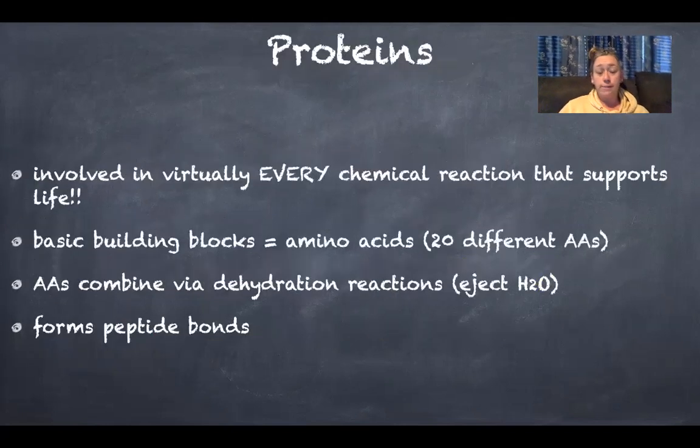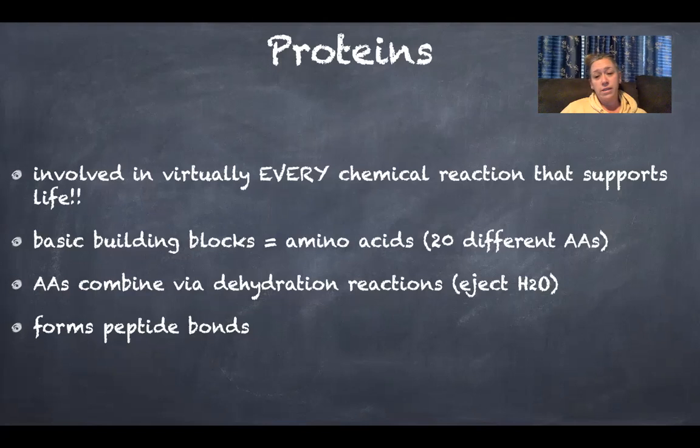Okay, proteins. Proteins, building blocks of lots and lots of stuff. So proteins are involved in virtually every chemical reaction that supports life. And why is that? Because enzymes are proteins. Basic building blocks.